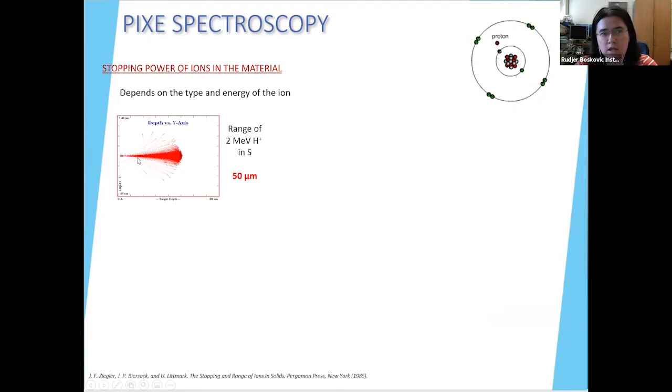As your protons go through the sample, they react, they are getting scattered, and finally they stop. The range of your 2 MeV protons in sulfur is around 50 micrometers. This is something that we call the stopping power of ions in the material. Usually the majority of the energy of the beam is deposited near the end of the range.